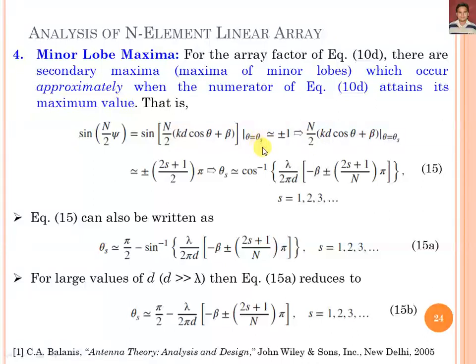Here s represents the side lobe. Then we will get n by 2 kd cos theta plus beta, at theta equal to theta s, approximately equal to plus minus twice of s plus 1 into pi. So finally we can calculate theta s using this expression, where s is equal to 1 to 3 for the first, second and third side lobes.